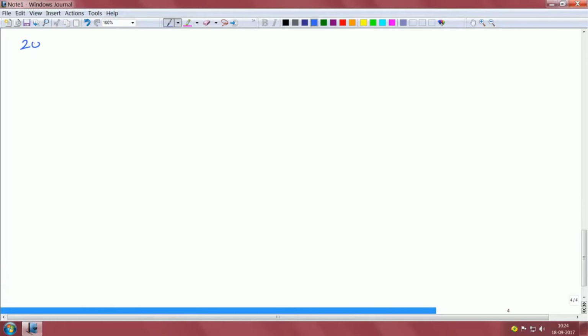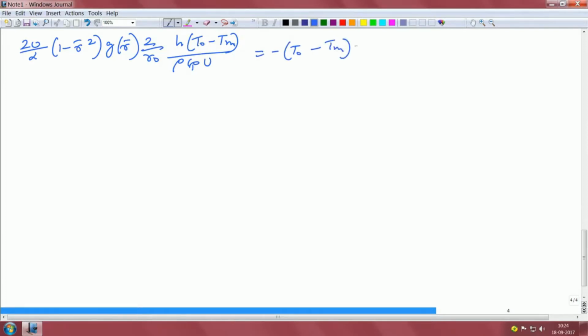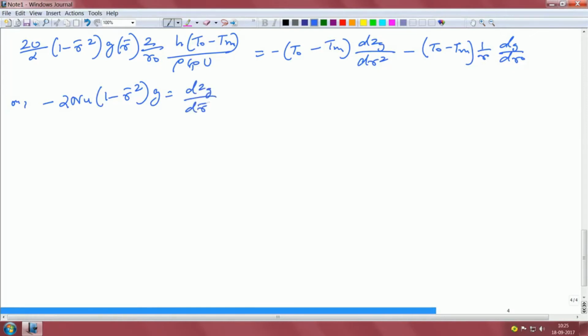So, the energy equation becomes 2u alpha, or cast in terms of Nusselt number. Okay. So, that is what you will get.